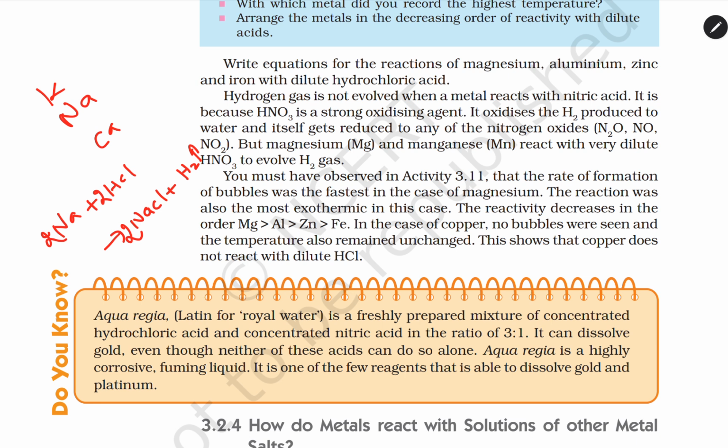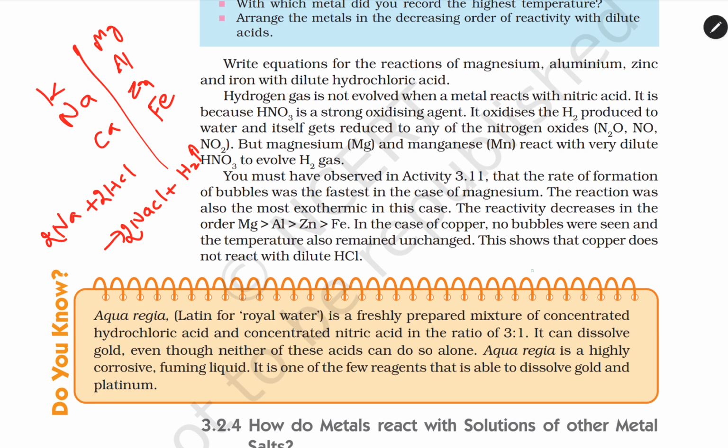Coming to moderately reactive metals, similar to the water reaction: magnesium, aluminium, zinc and iron. These are moderately reactive metals. They react steadily producing bubbles of hydrogen gas. The reaction is faster with strong acids like HCl and H2SO4.